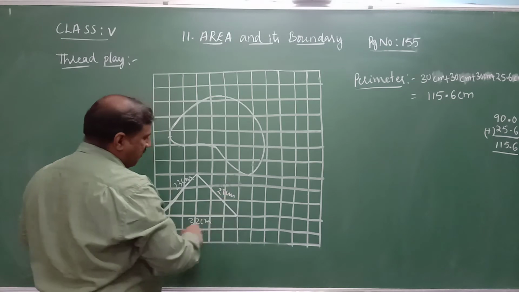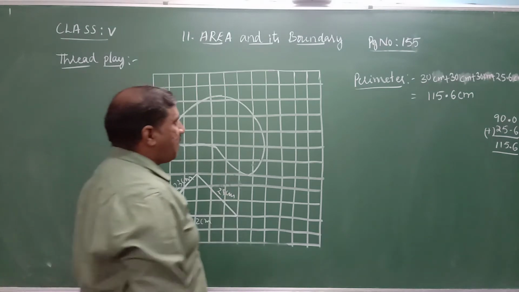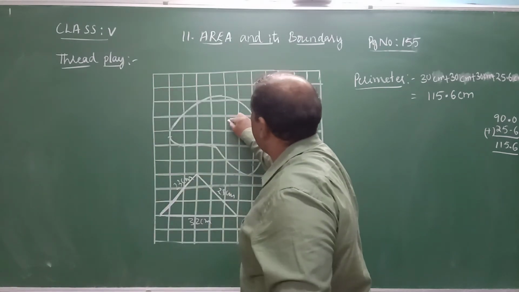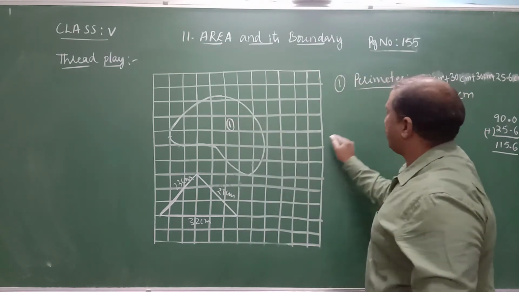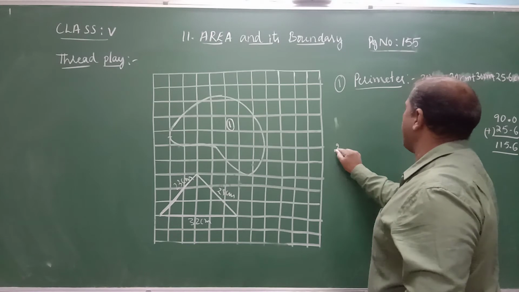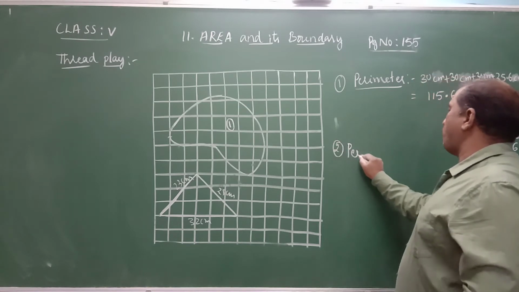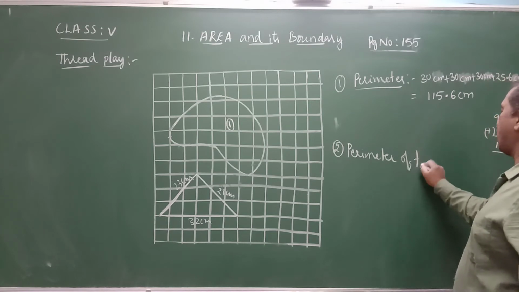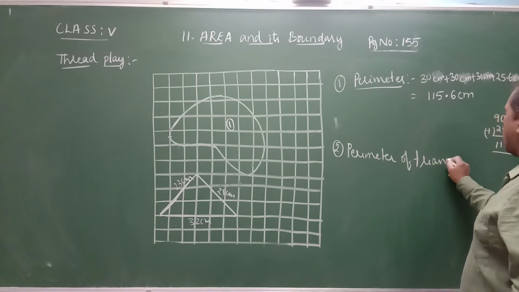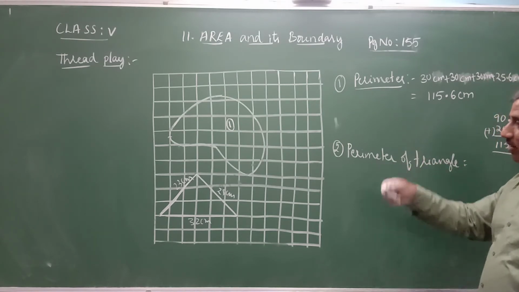Now what is the perimeter of this triangle? Figure 1 I am taking as the first figure, and the second figure I am taking is the triangle. Perimeter of the triangle is equal to what? We will add all the three sides.